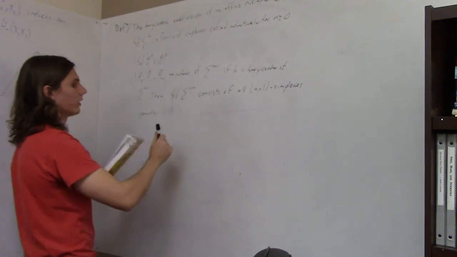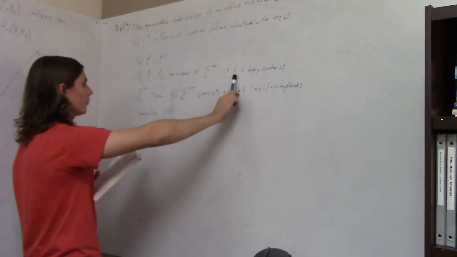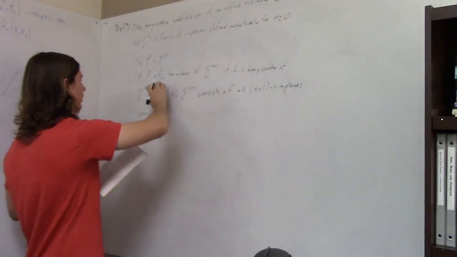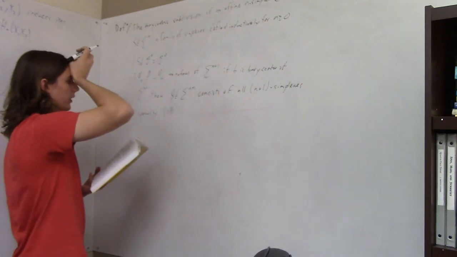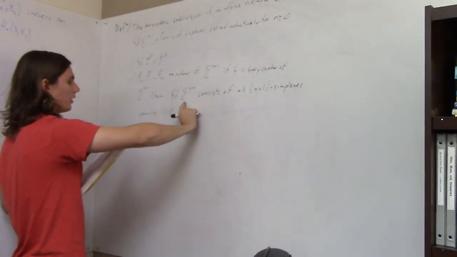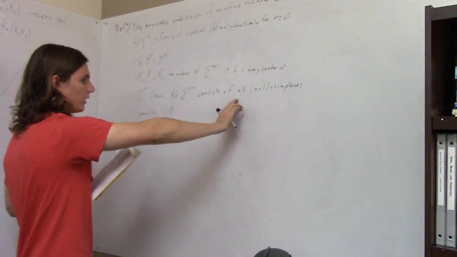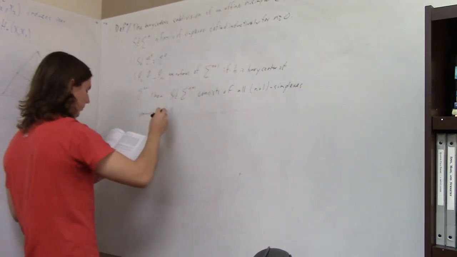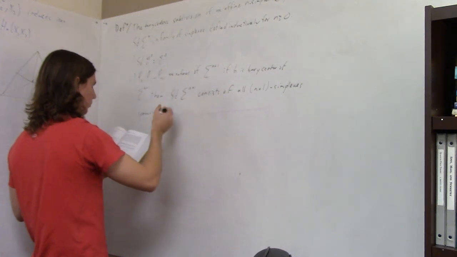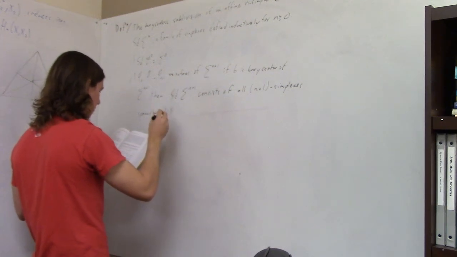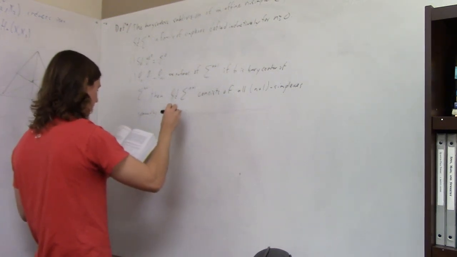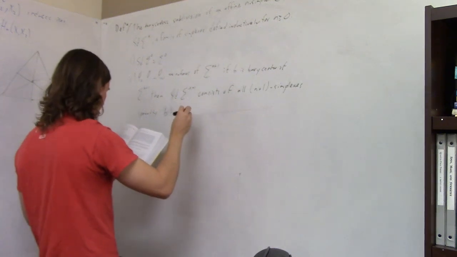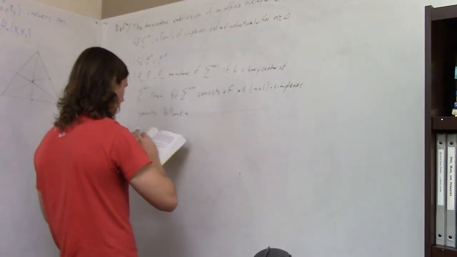So if we have the barycenter of sigma n plus 1, and we have these faces, then SD of sigma n plus 1 is going to consist of all the n plus 1 simplexes that are spanned by taking the pyramid of B and the n simplexes in SD. Okay.